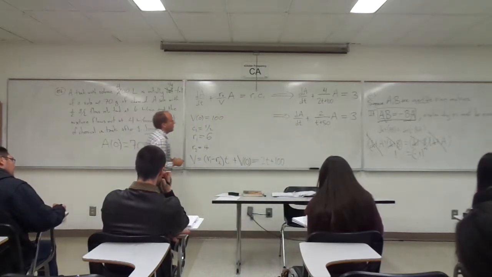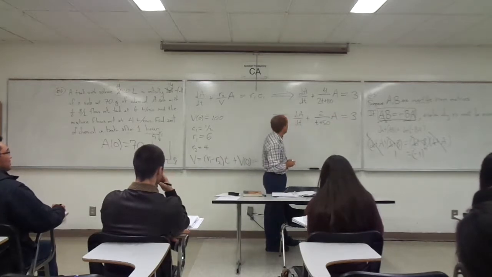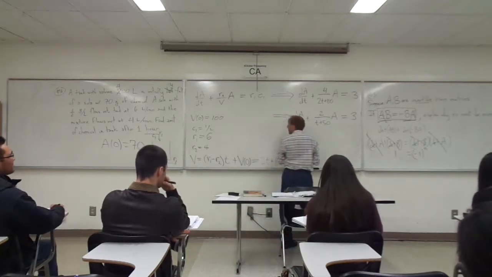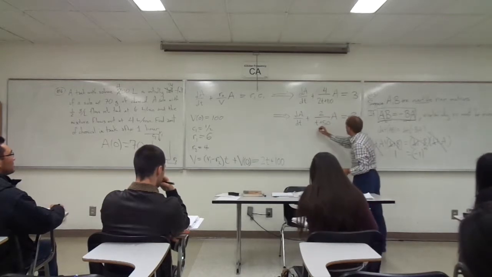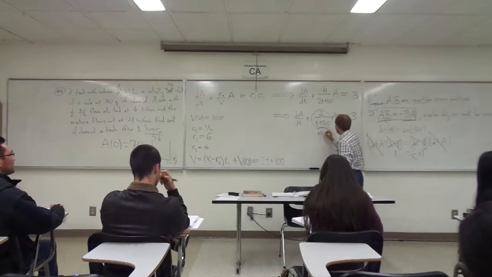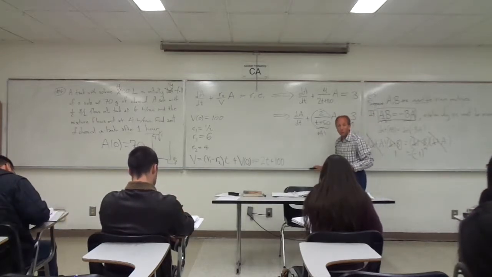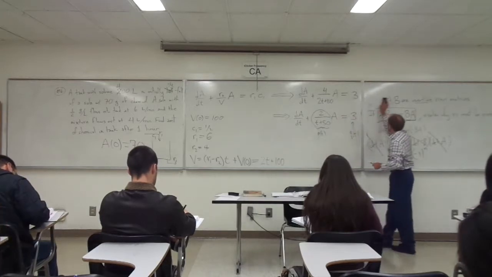And this is always going to be first order linear. So it's already in the right form for first order linear. This whole thing would be what we call the P of T, and this is the Q of T right here. Okay, so what do we need to do to solve this?